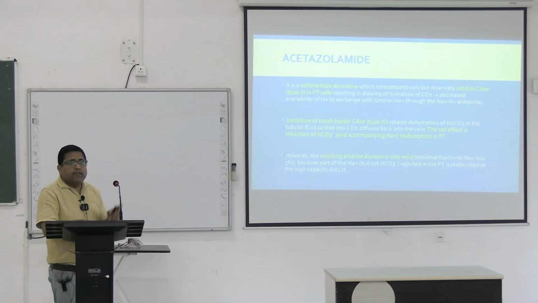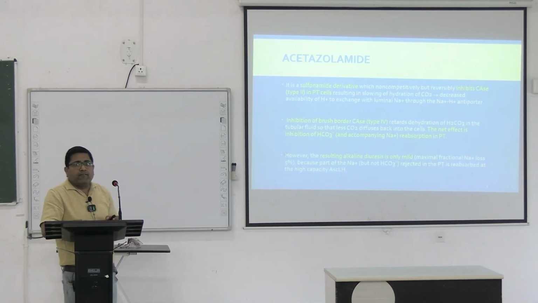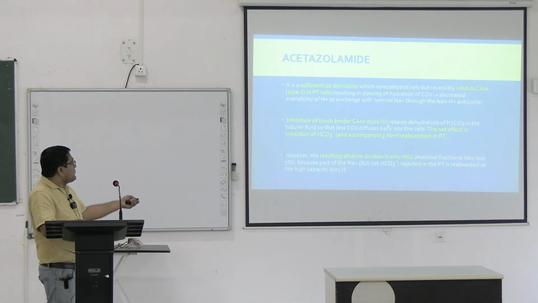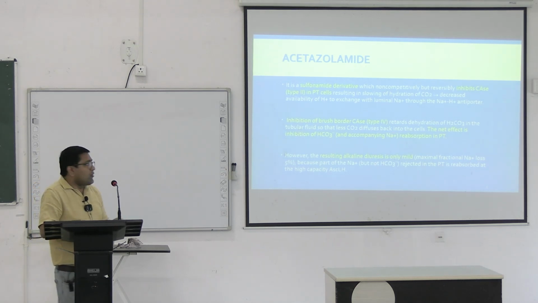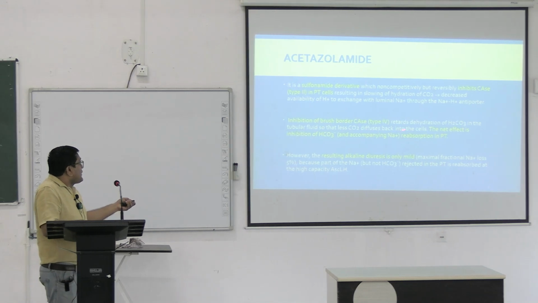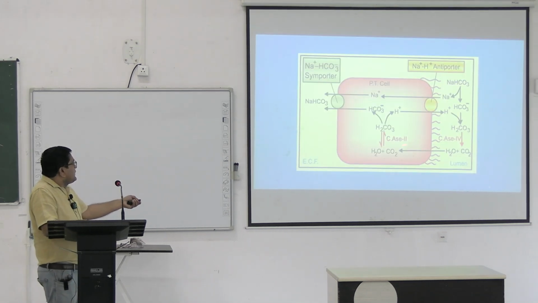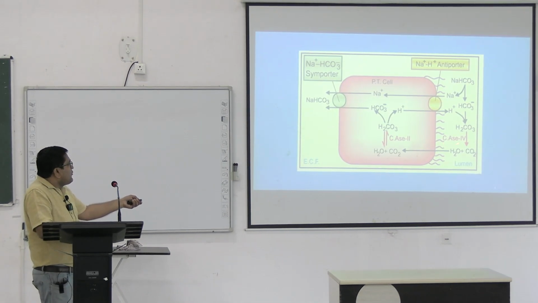Again, there is inhibition of the carbonic anhydrase isoform type 4 present in the luminal membrane of the proximal tubular cell. What happens? This is the carbonic anhydrase 4 enzyme. It basically results in the metabolism of carbonic acid to H2O plus CO2.